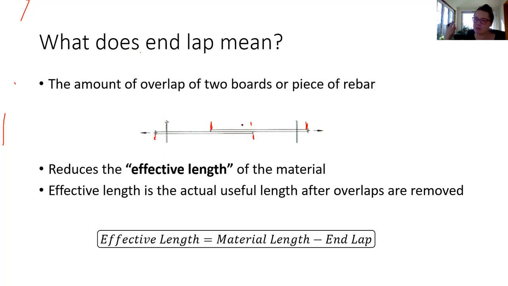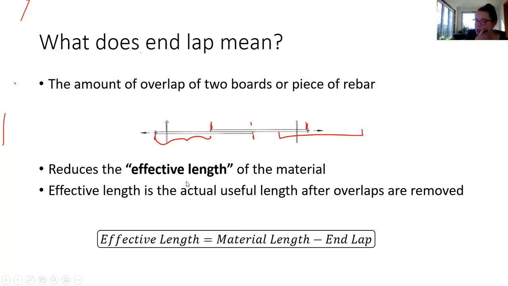If it's overlapped equally everywhere, we can assume the overlap on each piece is the same. The effective length is just the piece that's not overlapped, because we would assume over here there's going to be another overlapping board. These are obviously cut off, which is what I'm trying to show. So it reduces the effective length.